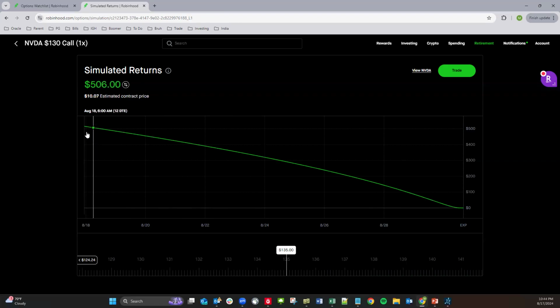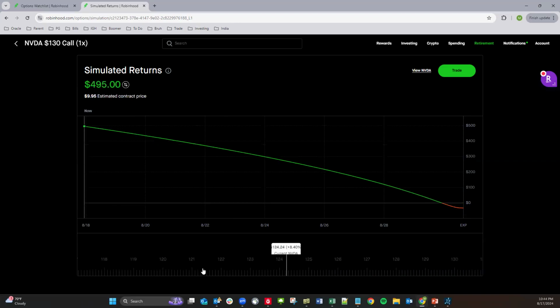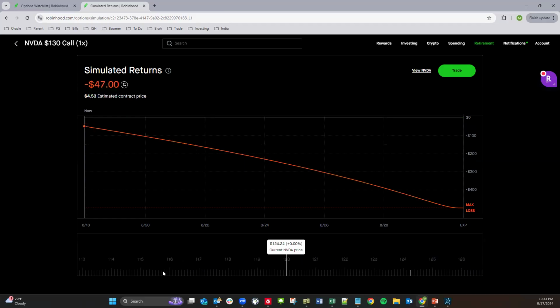And that's why I was saying the earlier your stock price gets higher during the term of the overall option contract, the higher the gains you make. And likewise, let's take the other scenario as well.